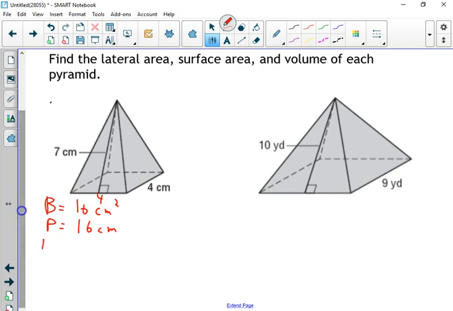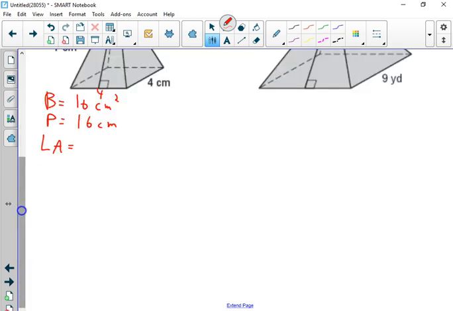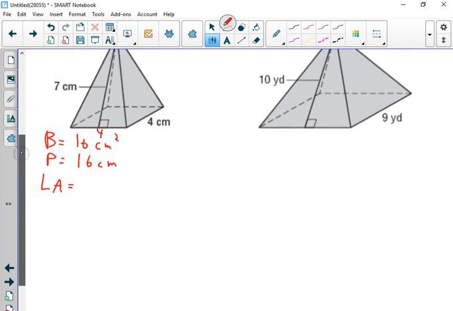Now, to find the lateral area, we just take 1/2 times the perimeter, which is 16, times the slant height, which was given to us right here. So half of 16 is 8, times 7 is 56 square centimeters.